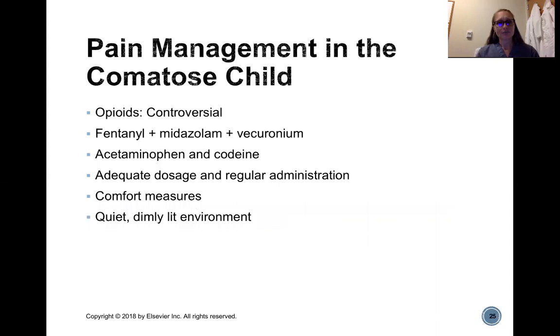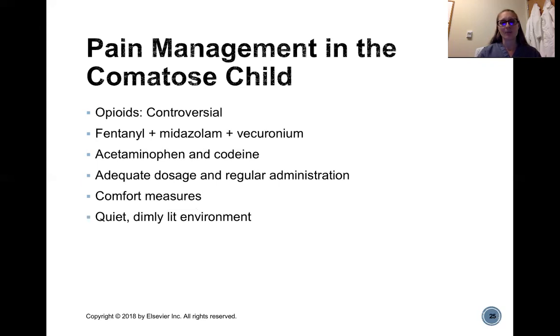If they are, we're going to look at a couple different things. Opioids are controversial for a couple different reasons, so that's kind of going to be a last resort. Acetaminophen and codeine is going to be one of the first things that we go to because it adequately controls the pain and is safe for these patients.